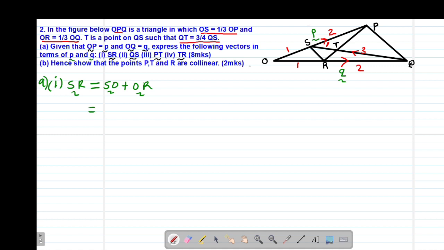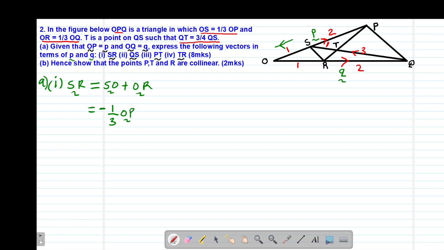So this will be equal to, so remember when we move from S to O, we are actually negating the initial direction of the ratio, which was upward. So whenever you negate, you reverse the direction, you introduce a negative. So this will be the negative of, so we'll pick the ratio of OS, which was 1. So this is 1, then divided by the total ratio of that line, which was 2 plus 1, which is actually 3, of vector OP.